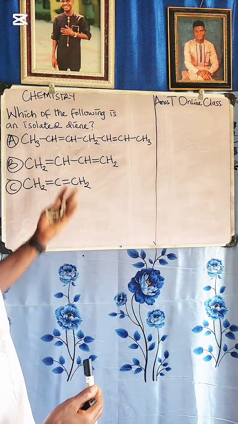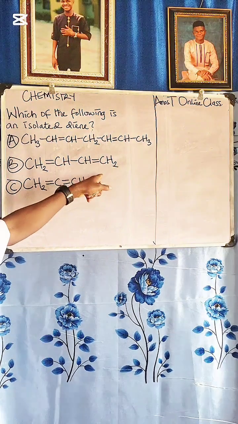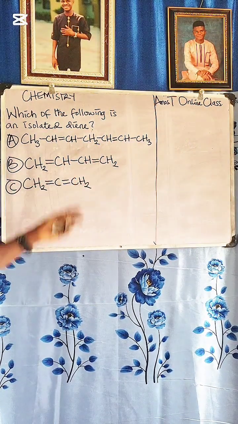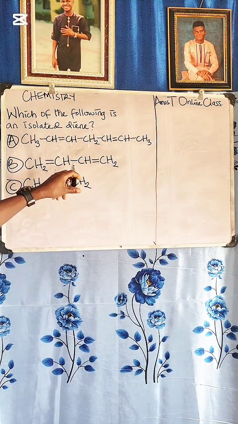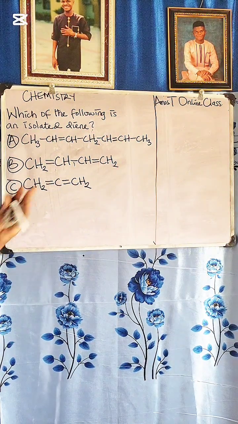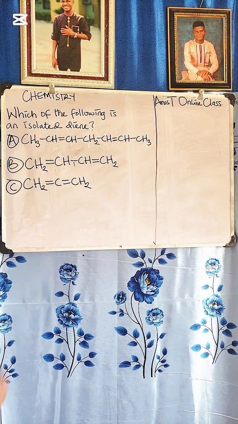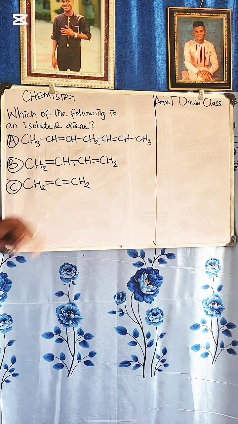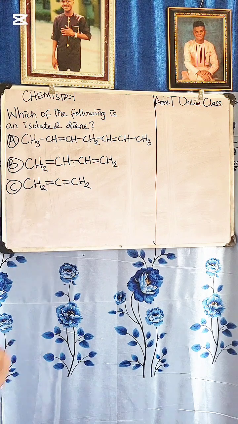In the example here, you can see a double bond, a single bond, and a double bond. It alternates in position. So this is an example of a conjugated diene, called 1,3-butadiene.